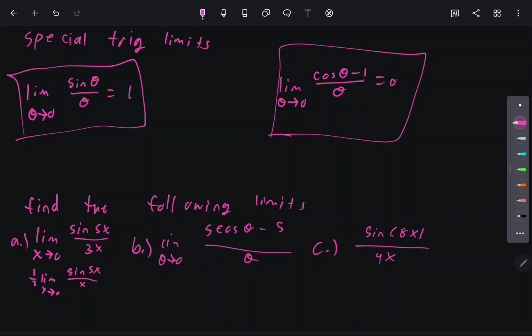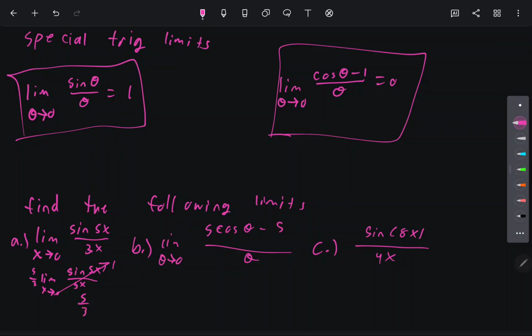Well, that's a bit closer, but now we need to make the x's match. So we'll pull out the 5 in the numerator to make it 5/3, and this limit now will just approach 1. So the value of this limit is just 5/3.